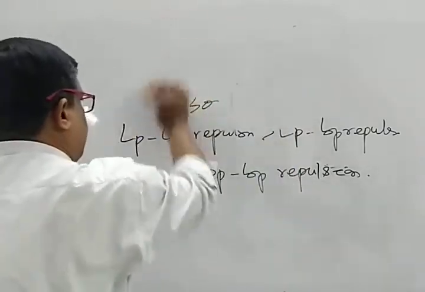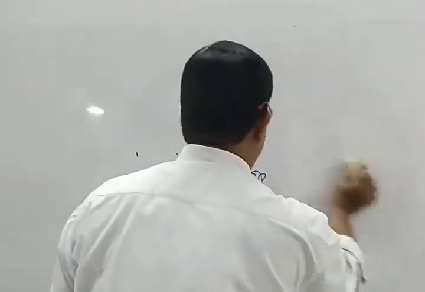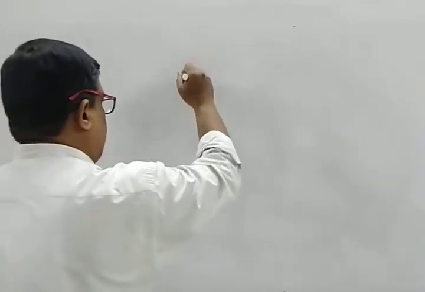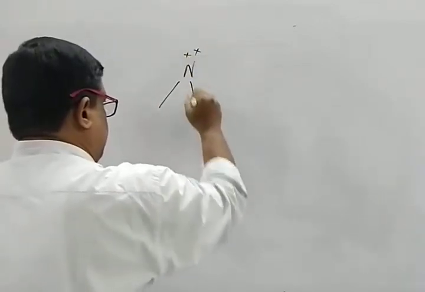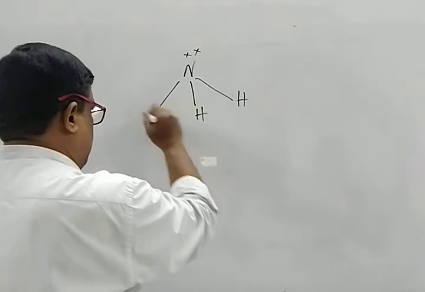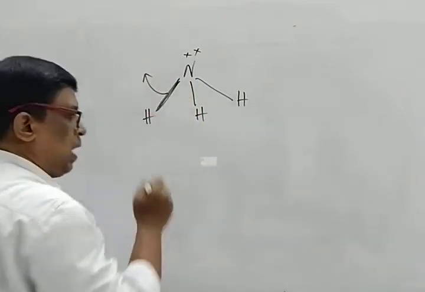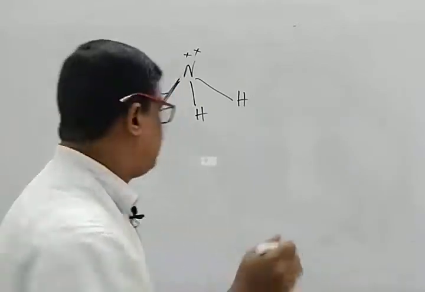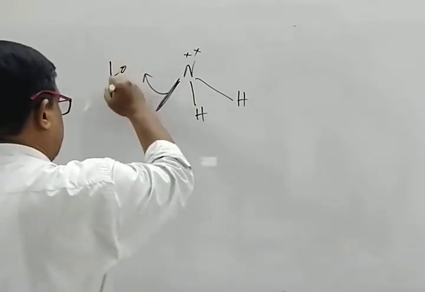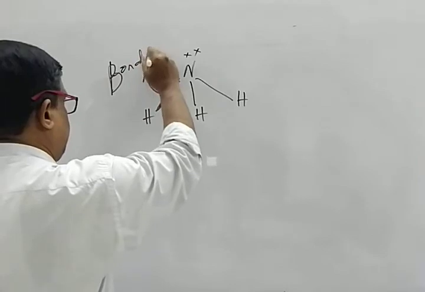Mark that. Look at the case of ammonia and water. Take ammonia. The pair of electrons formed after bonding is known as a bond pair.